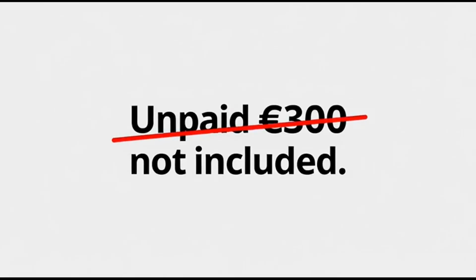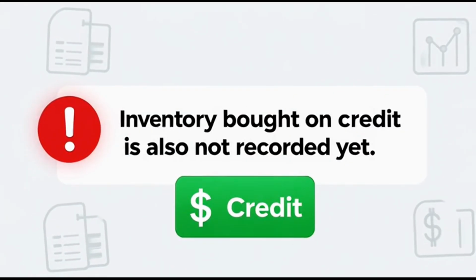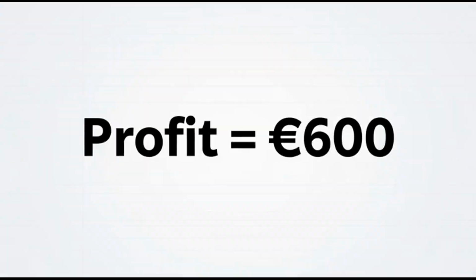The unpaid 300 euros is ignored. Inventory bought on credit is also not recorded yet. So profit appears to be 600 euros. But this does not show the complete performance of the business.